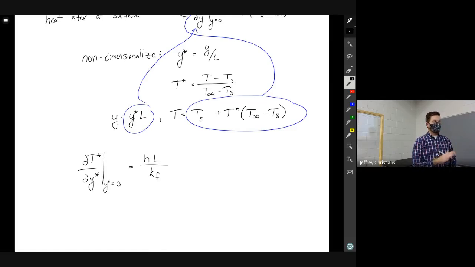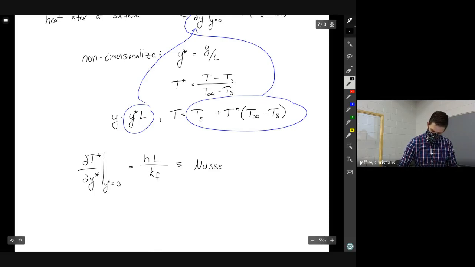This is super similar, but it's not a Biot number. We call this the Nusselt number, Nu.